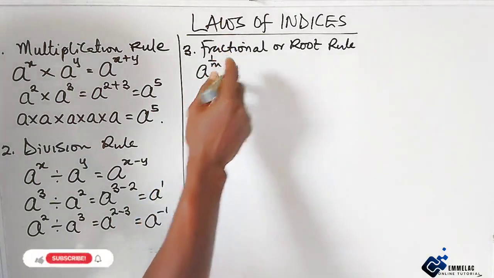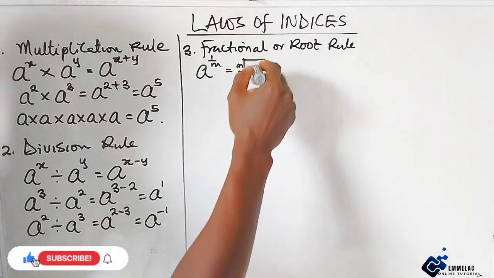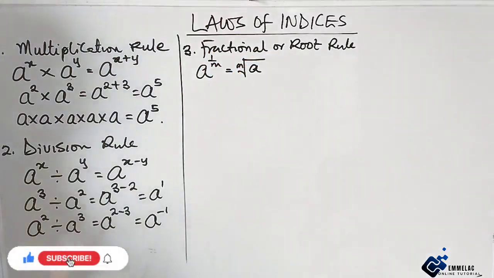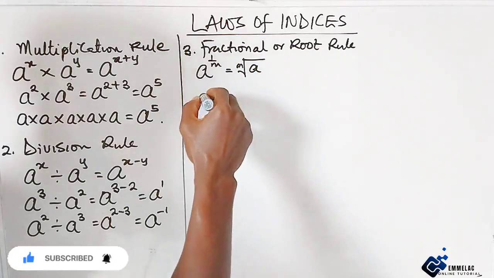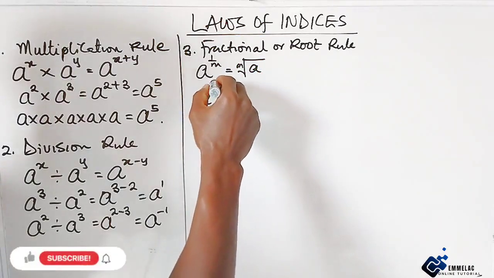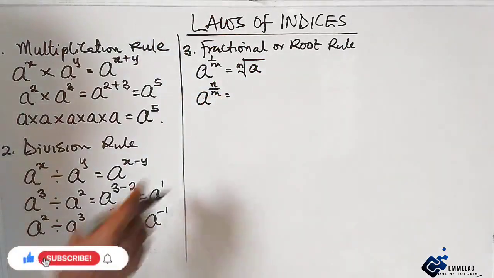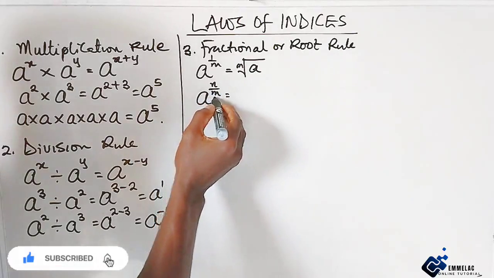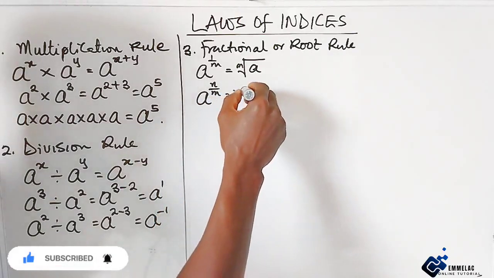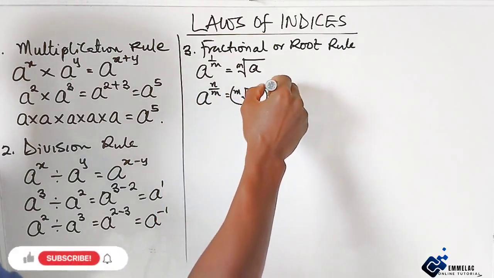So a raised to the power of 1 over m is actually the mth root of a, and that's why it's called the root law. We can also have a raised to the power of n over m. Since your denominator is m, this is the mth root of a, all raised to the power of n.